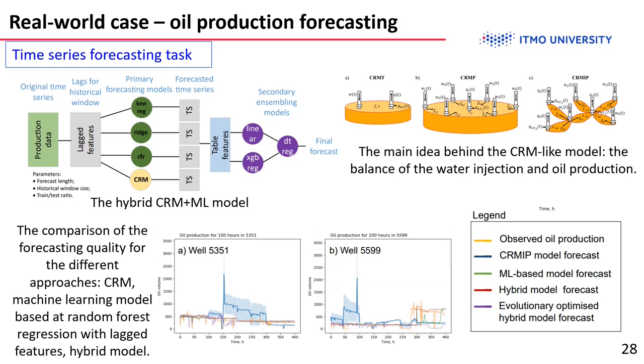In the bottom part of the screen, you can see the result of production forecasting obtained by the CRMIP model, which is a balance equation based model, the ML based model, and the hybrid model. The forecast quality metrics allow us to say that the evolutionary optimized hybrid model achieves the best result.